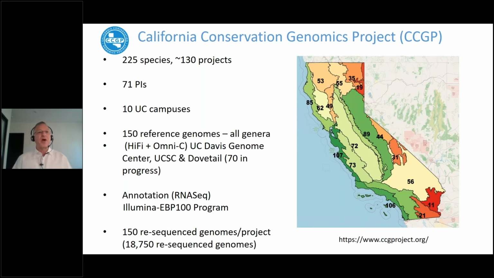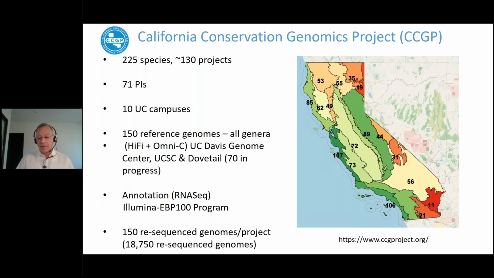As part of the project, 150 of the 225 will have reference genomes produced. And the 150 represent approximately all the genera in the 225 species. All of them will be sequenced with HiFi, and scaffolding will be done with Omni-C.